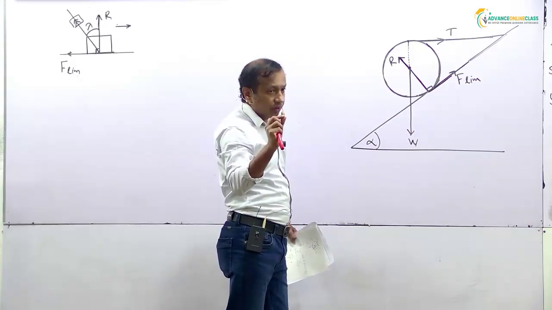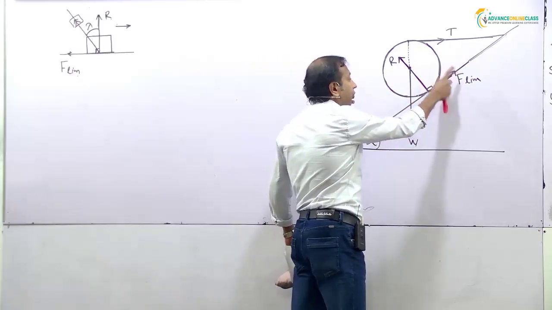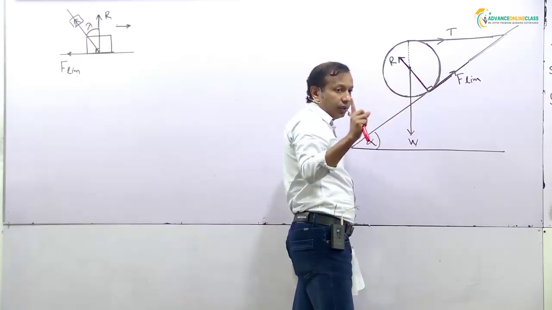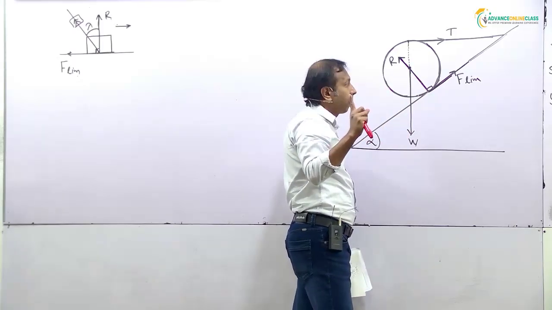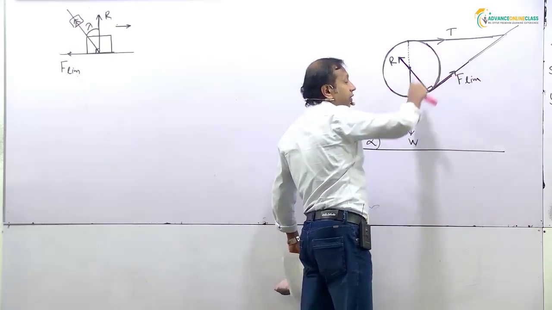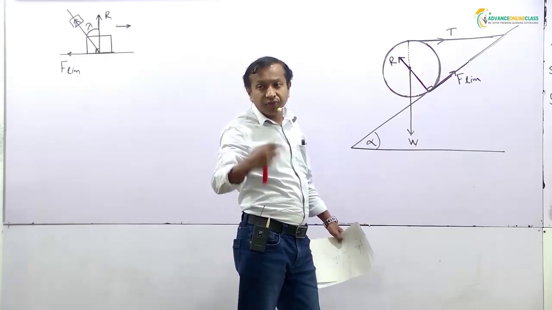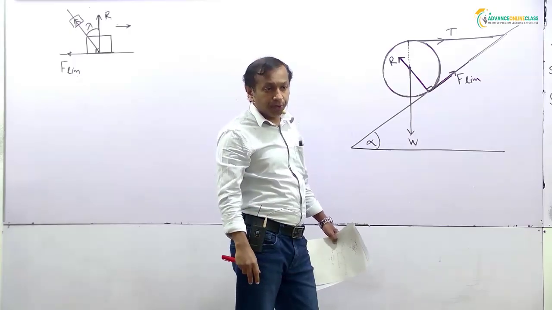If I take the resultant of frictional force and R, together they give one force. The other force is W. The other force is tension T. Finally, there are three forces acting on the sphere for its equilibrium.